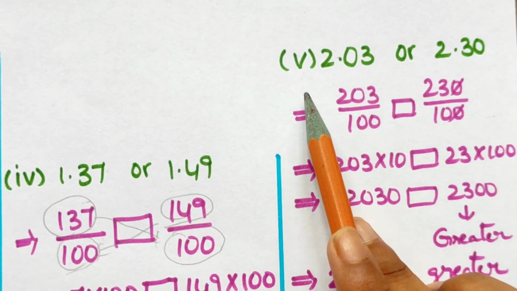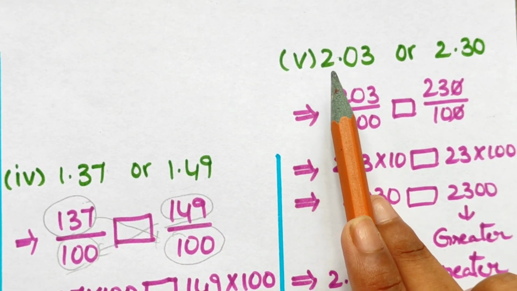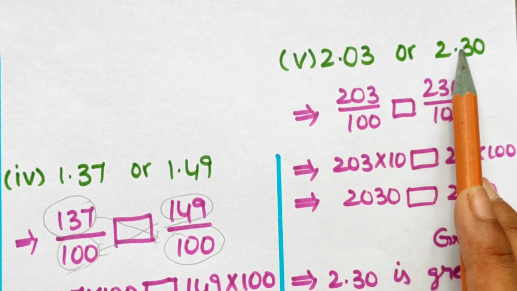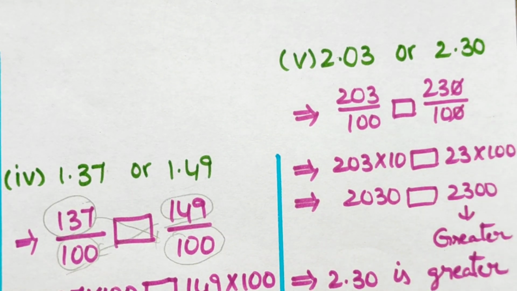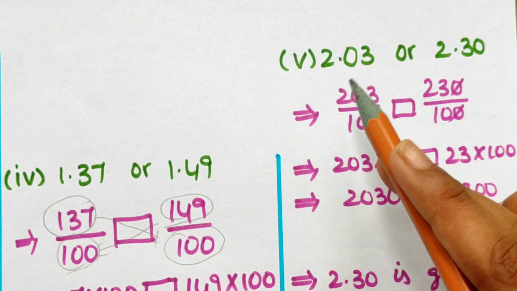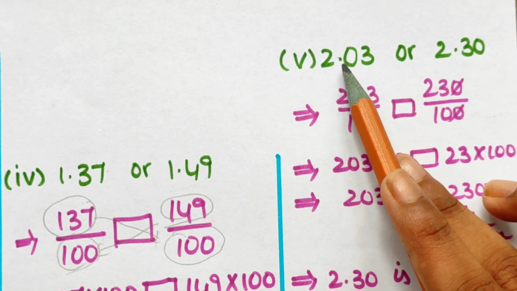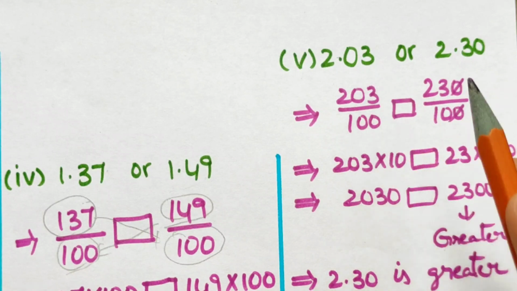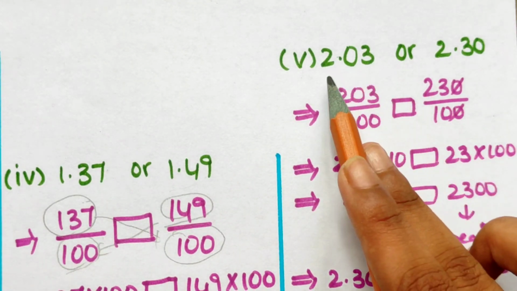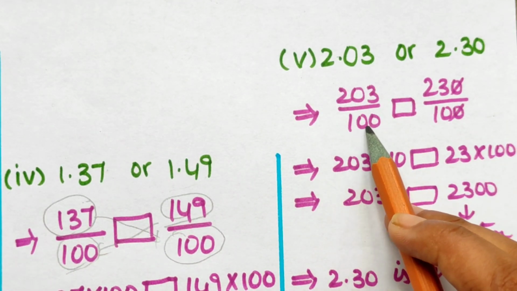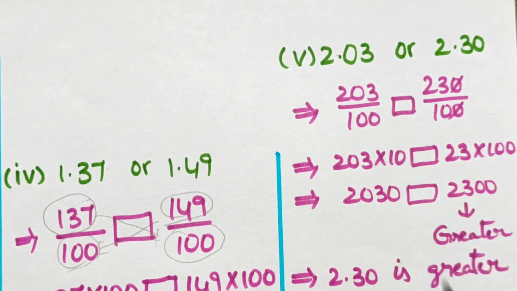Okay friends, now let us see fifth bit. 2.03 or 2.30, which is greater? Clearly here the decimal is 2 digits before. So we should put 2 zeros. So 203 by 100. Let us maintain a blank here.